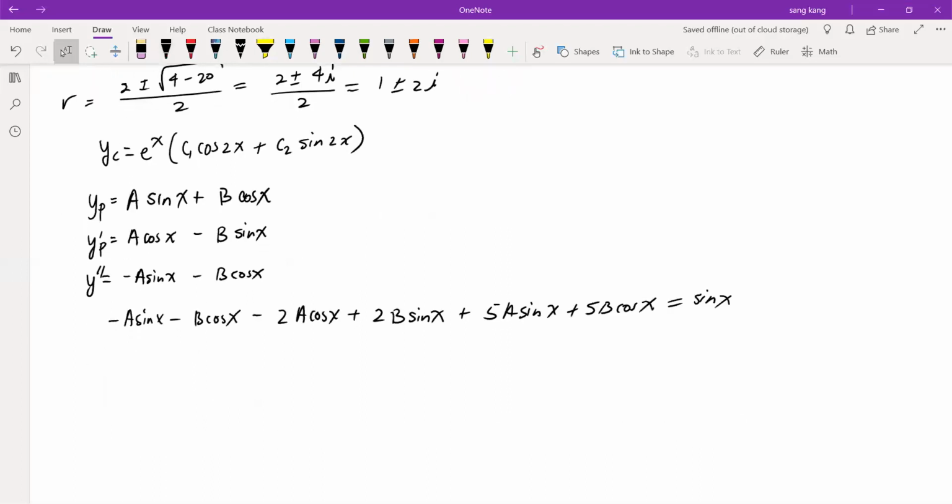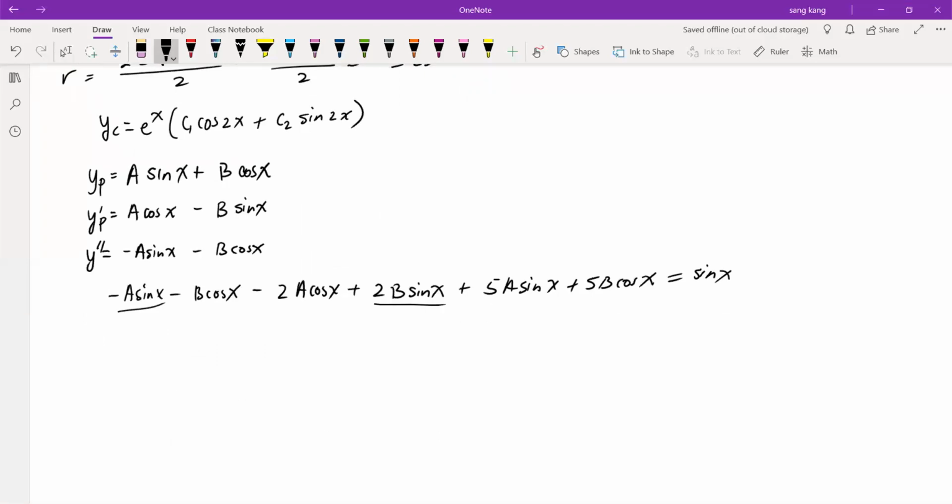Okay, we can gather terms. So let's gather all of our sine terms. Negative a plus 5a, so it's 4a plus 2b sine x. We'll get our cosine terms, this one, and this one.